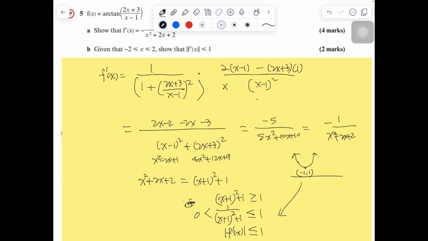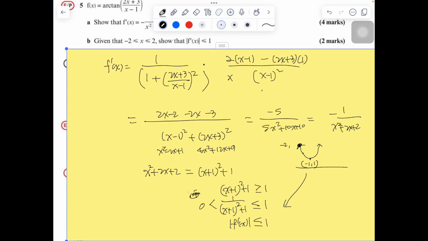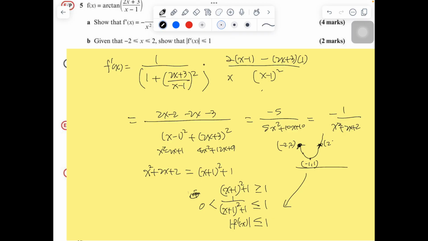So here, negative 2 comma 4, 2 comma 4, so this one is between 1 and 10, so it's 1 over 10 like this.